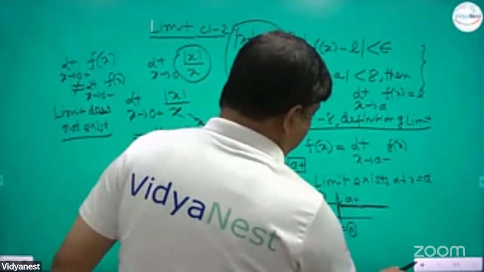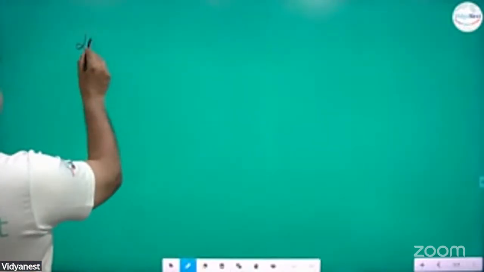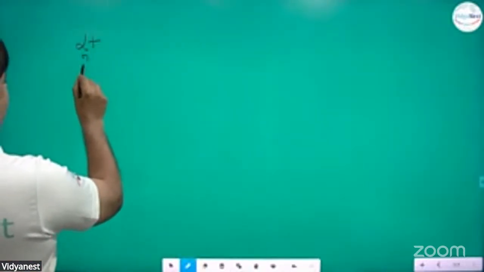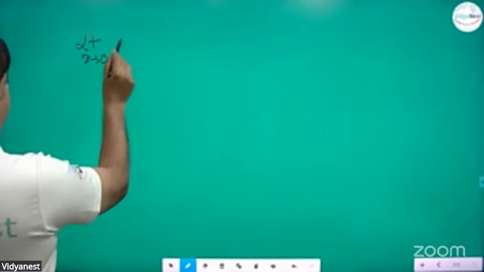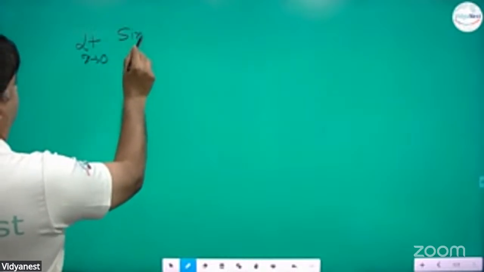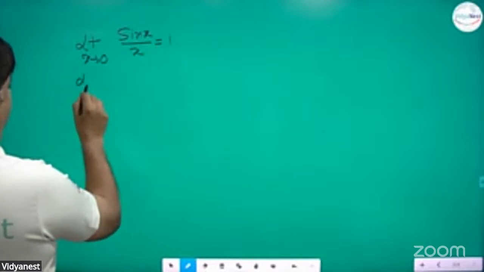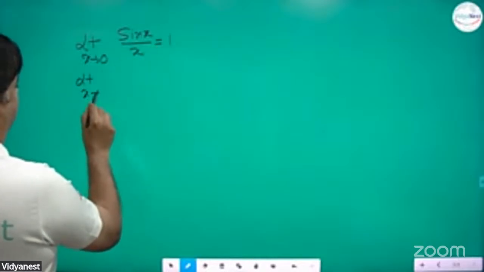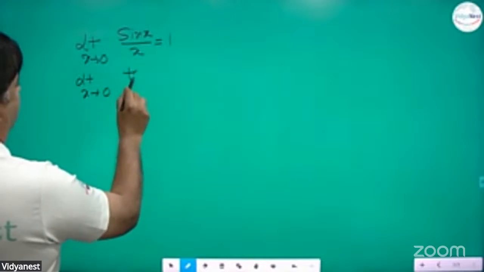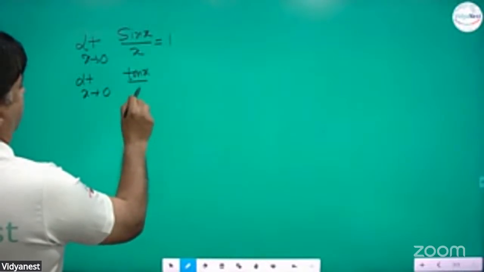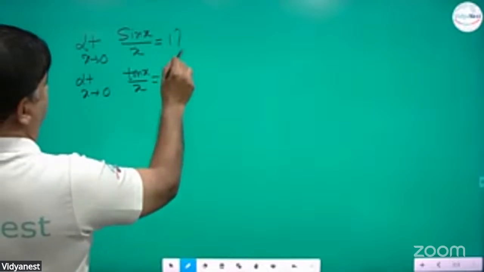Now, a few more properties were taught. Obviously, limit x tends to 0, sin x by x is 1, and limit x tends to 0, tan x by x is also 1.